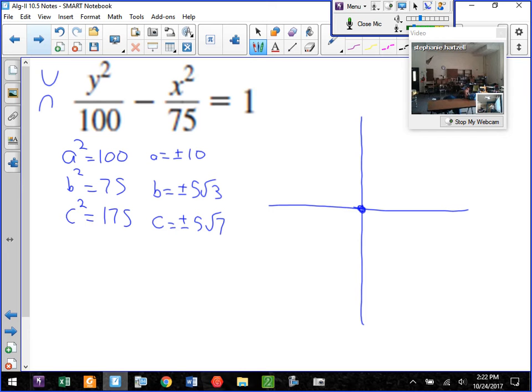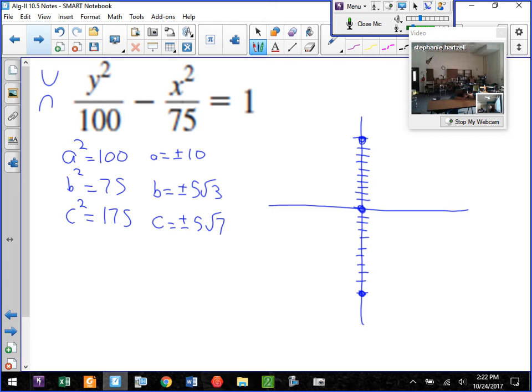We know that our vertex has got to go up and down, so we have to walk up to our a value, up and down 10. You guys see why I don't like using graph paper? 5 root 3. Remember, that's the square root of 75.